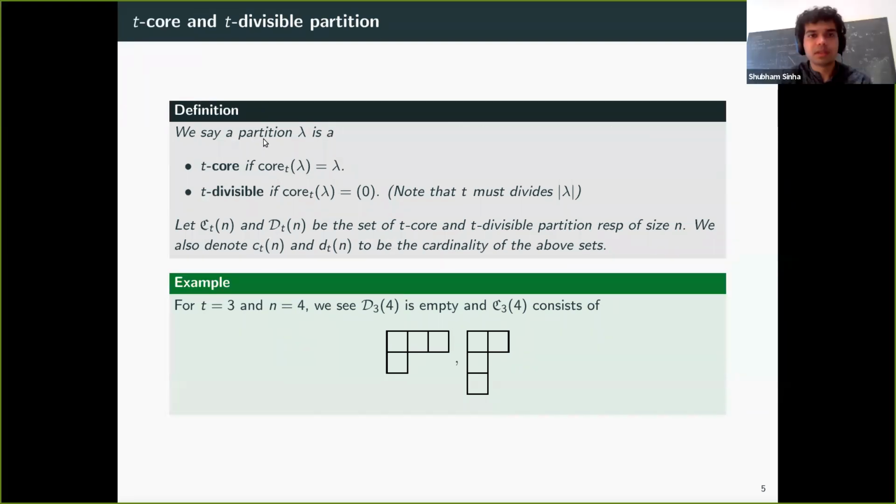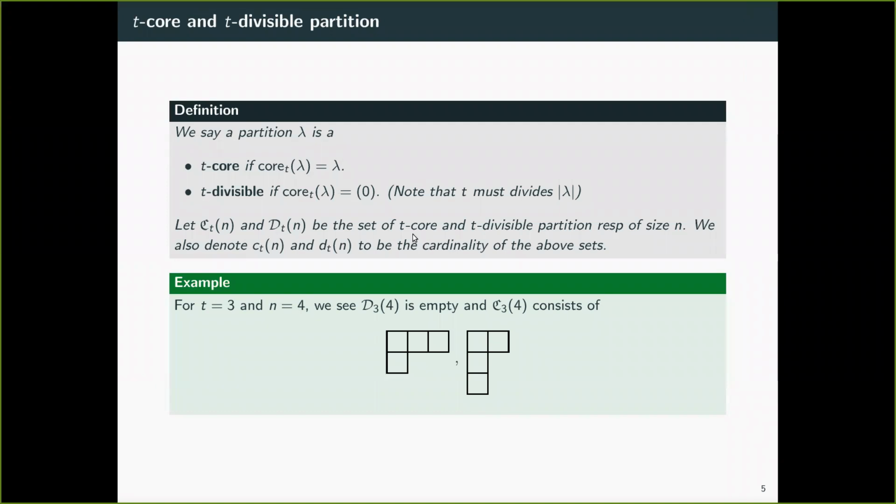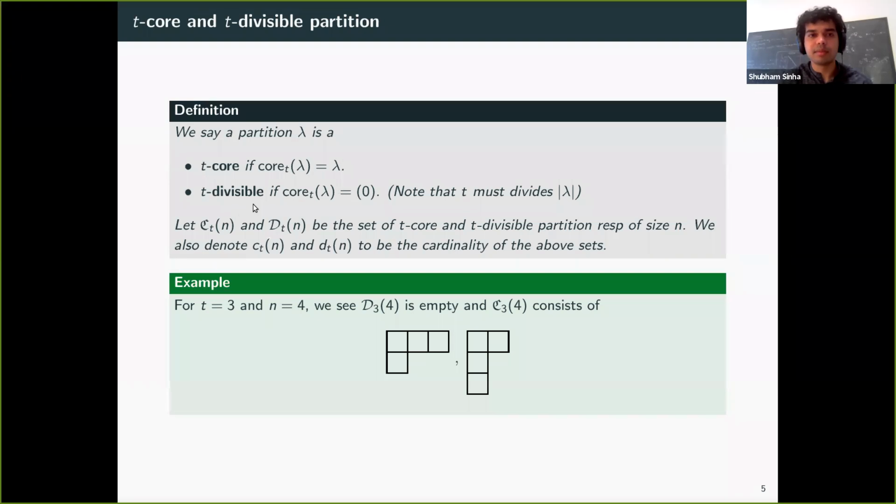Okay, so now there might be slightly confusing notation. A partition is called a T core if the T core of the partition is itself. Basically, there are no rim hooks of size T. And a partition, so this is probably a new notation, is called a T divisible partition if the T core of the partition is 0.